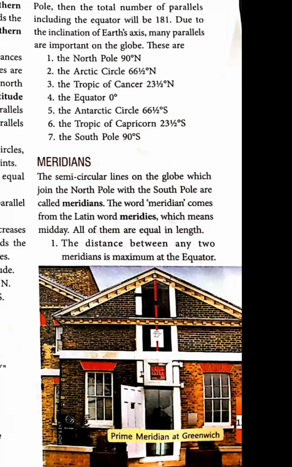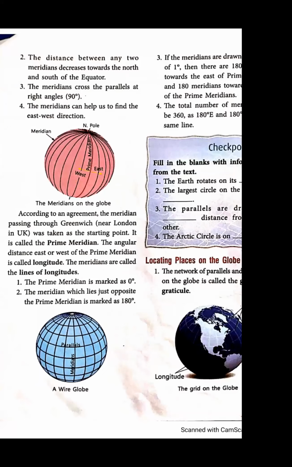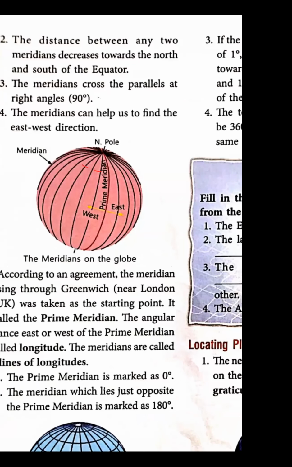Second, the distance between any two meridians decreases towards the north and the south of the equator. You can see in the diagram, this is the distance between any two meridians.